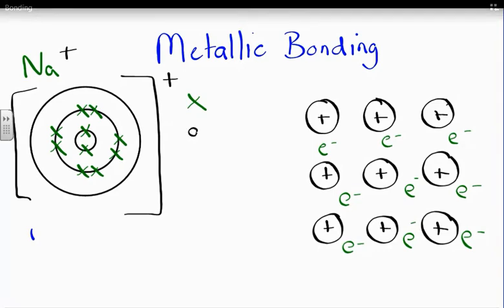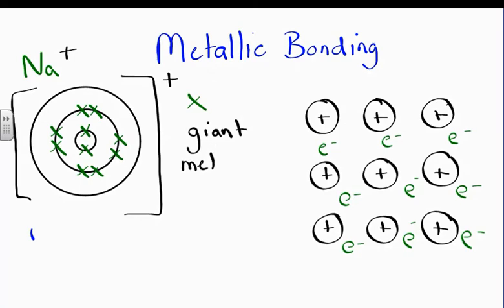So as I've mentioned, these ions are regularly arranged in these neat rows into a giant 3D structure that is known as a giant metallic lattice. So giant because lots of ions and lots of electrons are involved, metallic because a metallic bond is involved, and lattice because it is just a regular arrangement.